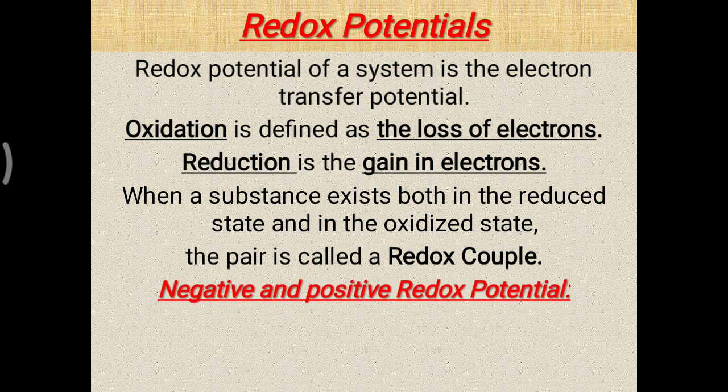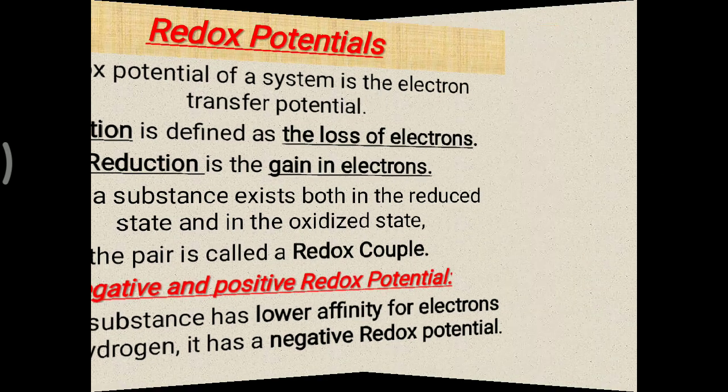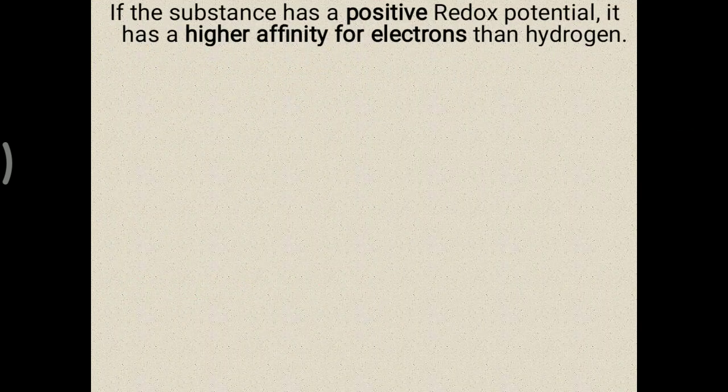Negative and positive redox potential: when a substance has lower affinity for electrons than hydrogen, it has a negative redox potential. Further, if the substance has a positive redox potential, it has a higher affinity for electrons than hydrogen.